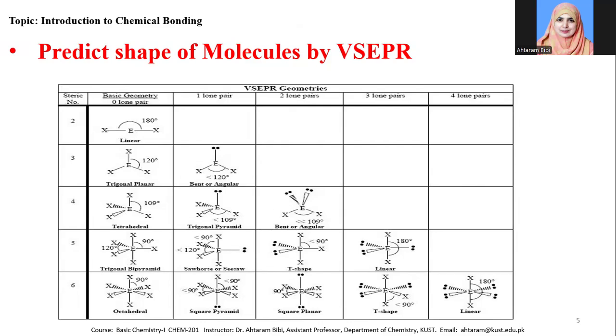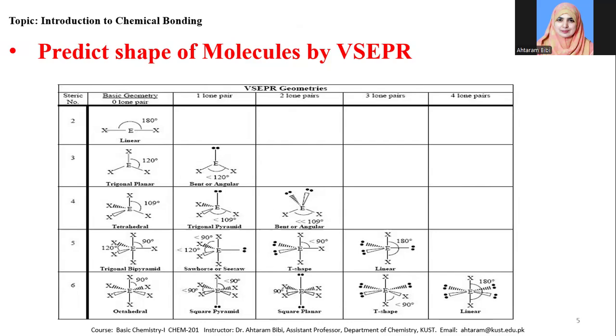If there are 5 bonded pairs of electrons, then the structure will be trigonal bipyramidal. But if there are 4 bonded pairs of electrons and 1 lone pair of electrons, then we see a seesaw or sawhorse structure.